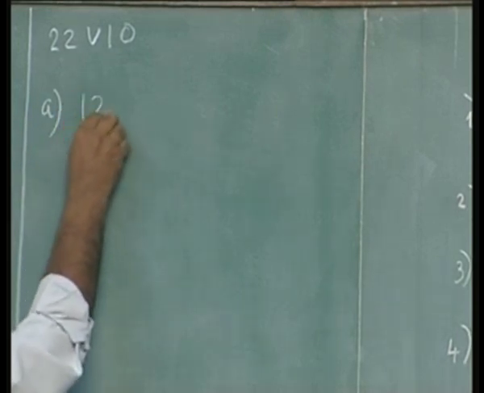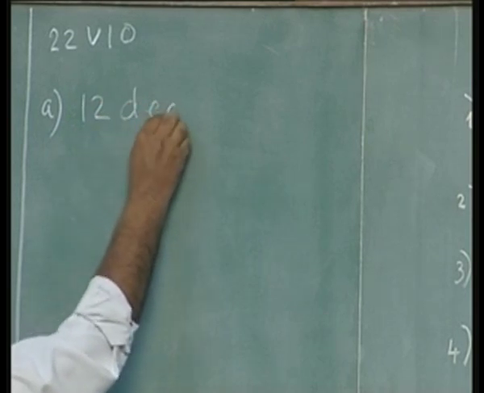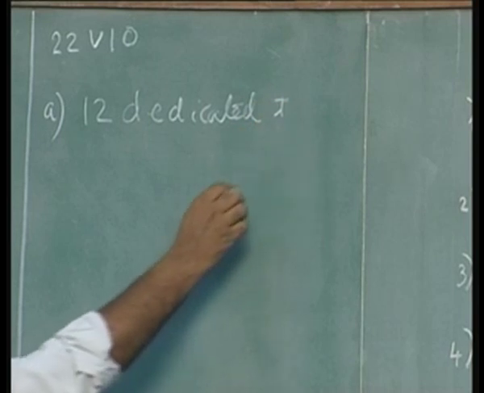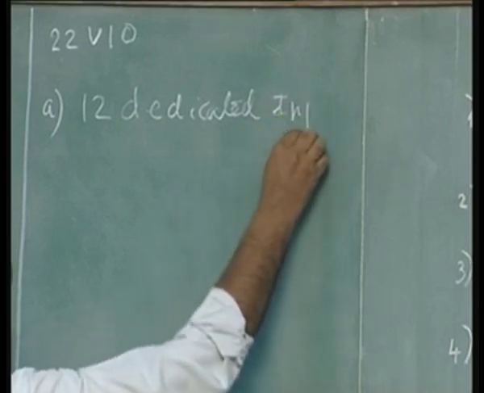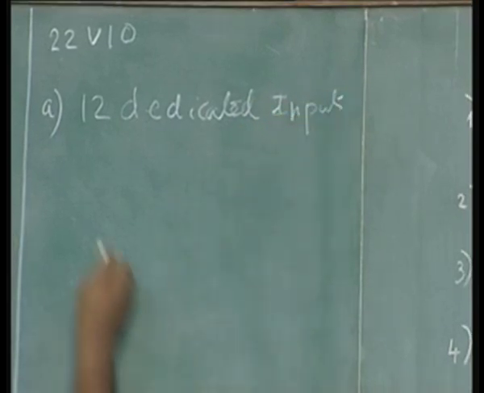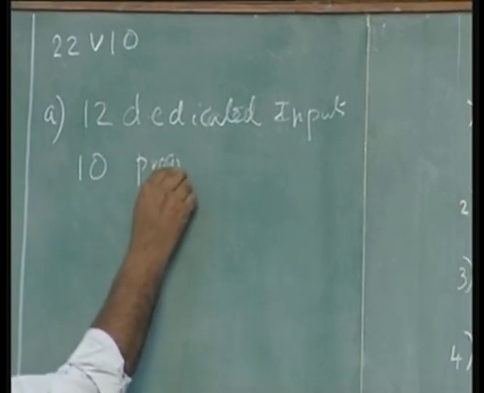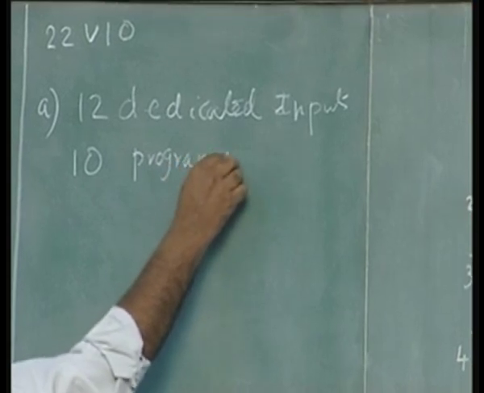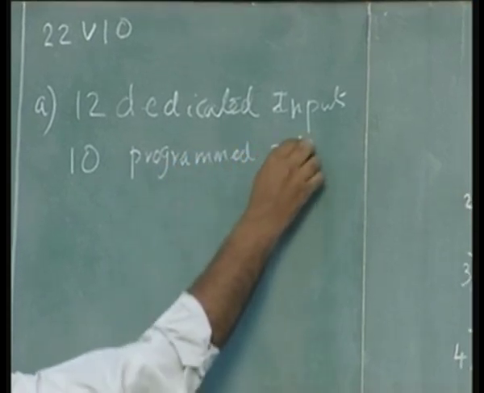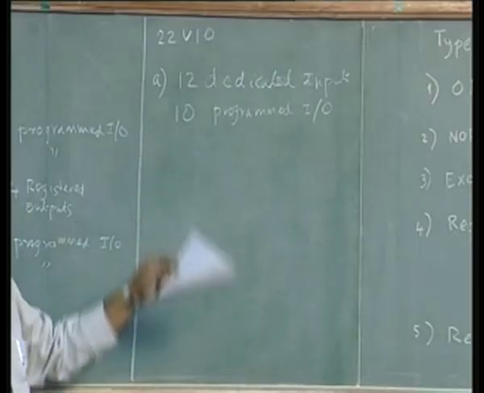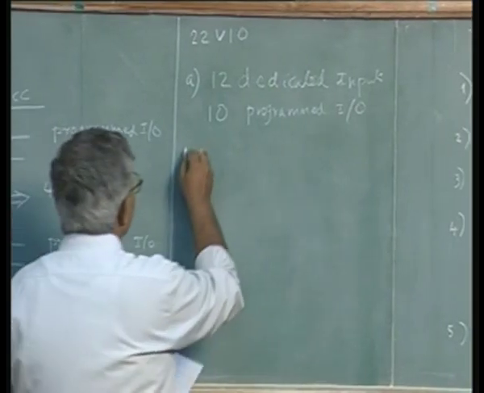12 dedicated inputs, that means they cannot be used as outputs. 10 programmed I/O. That is how you get 22. 10 of them are programmed, 12 are dedicated input wise.